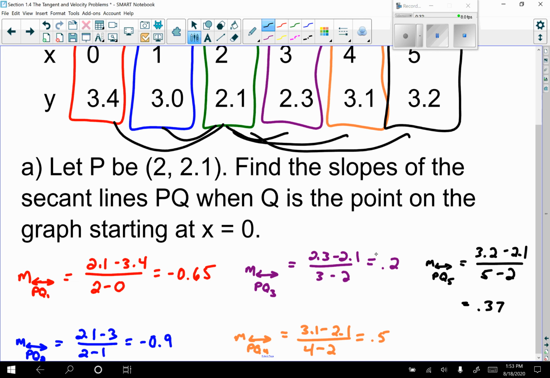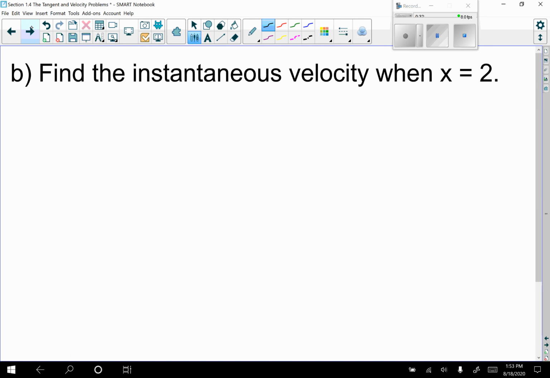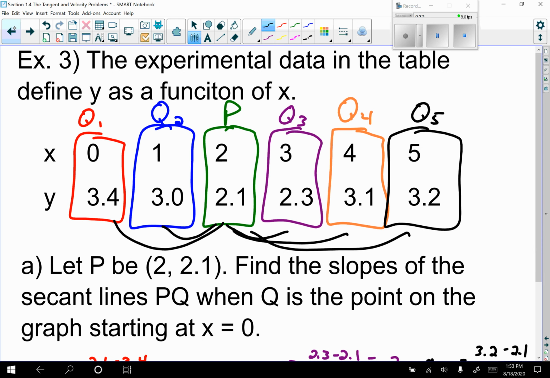So to answer this one, if we wanted to find the instantaneous velocity, we approached it a little differently. So when x equals 2, because we weren't approaching from both sides, what we do is we just take Q2 here and then Q3, so just the slopes of the secant lines on either side of P, and we take the average.